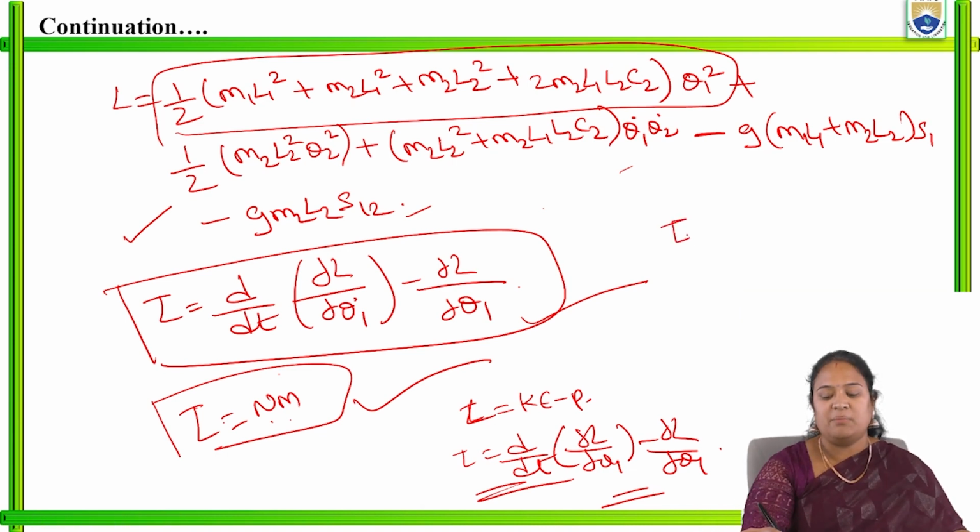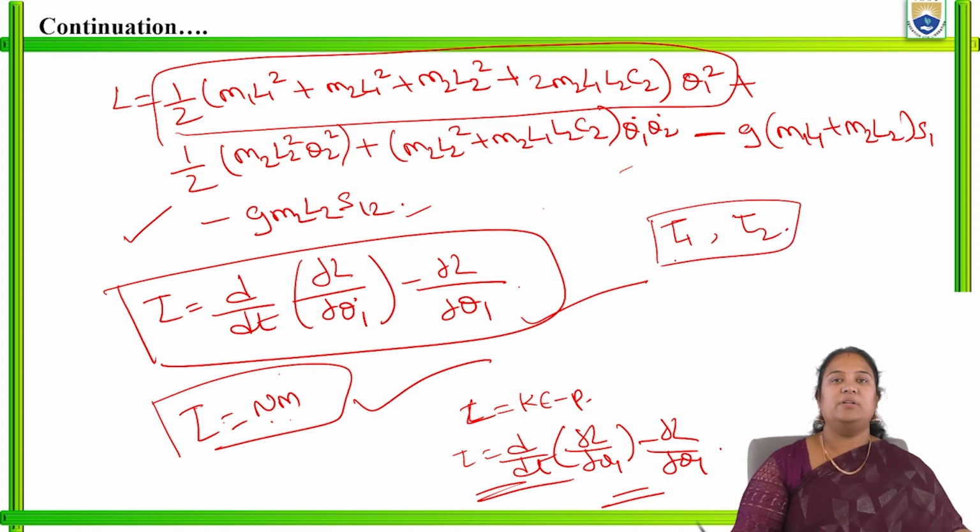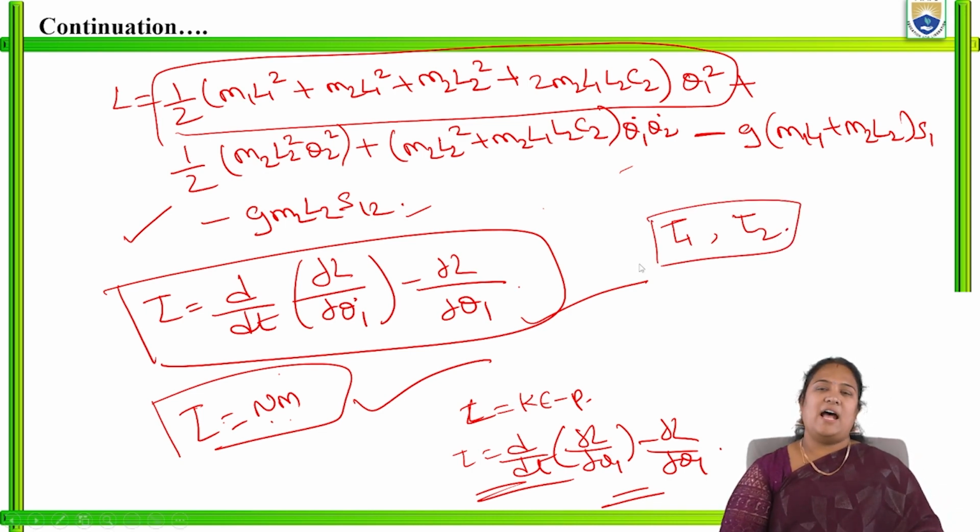Now this will be determined for tau 1 as well as for tau 2, right, that is for link 1 and link 2.